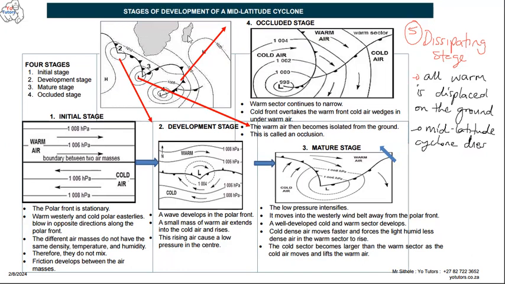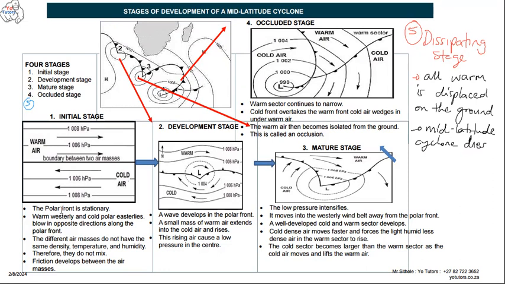Now, stages of development. We need the initial stage, development stage, mature stage, and occluded stage. And lastly, it has to be the dissipating stage, which I have added there. Now, what happens in the initial stage? We are saying two air masses are moving in opposite directions, parallel to each other. They are not mixing, because remember, they can't mix; they have different density, different temperature and also different humidity.